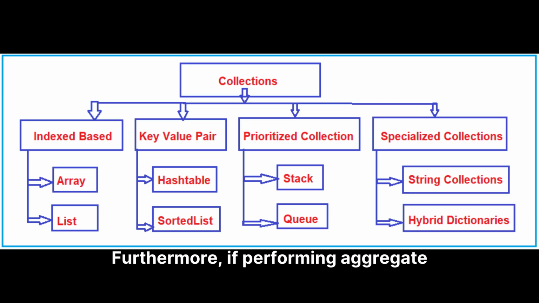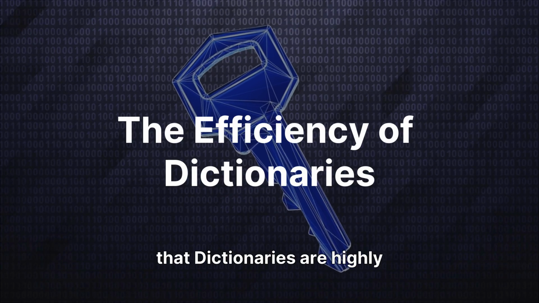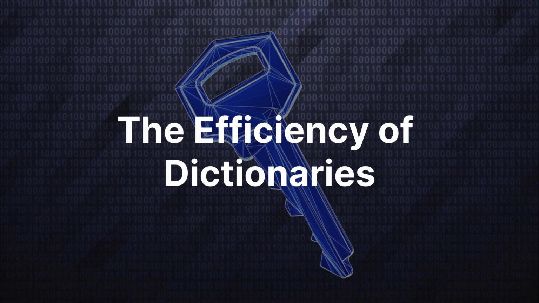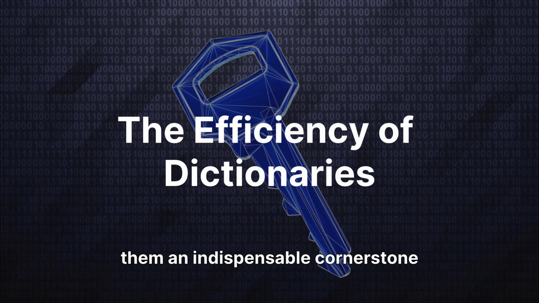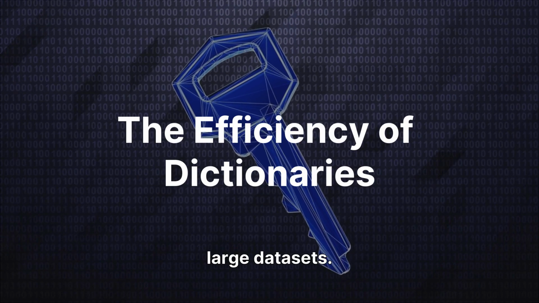Furthermore, if performing aggregate calculations or transformations on all data points, such as summing numerical values, iterating directly over the values collection is often the most ideal and streamlined method, focusing purely on the data. It's vital to remember that dictionaries are highly optimized for extremely quick lookups by key. This inherent efficiency makes them an indispensable cornerstone of efficient C# programming, especially when dealing with large datasets.